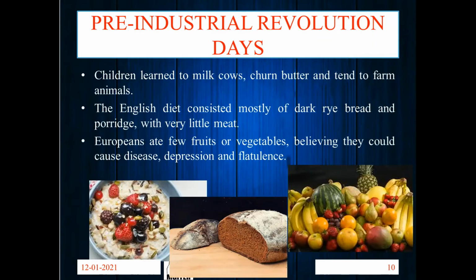Children learned to milk cows, make butter, and tend to farm animals. Most of the English diet consisted mostly of bread and very little meat. Europeans ate few fruits or vegetables, believing they could cause disease and depression.